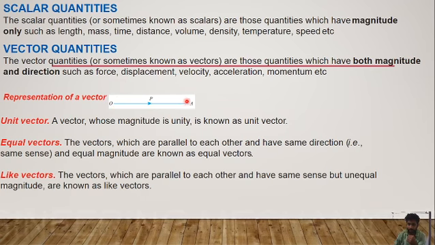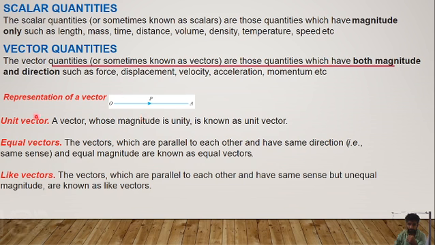Its length represents the magnitude, and for convenience we write its value on the vector. Now it is acting from left to right. This is how we represent a vector, with both direction and magnitude.